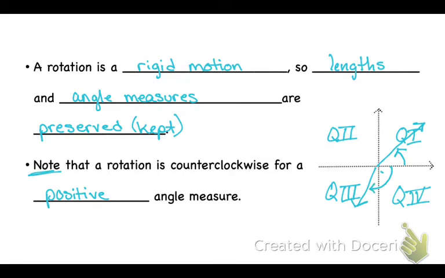It is a negative rotation. So this is a positive angle, and this is a negative angle. Now it's kind of opposite of what we're used to in our brains, but if you think about it, an angle is actually just laying here until it moves. Angles show movement. Does that make sense? Okay.